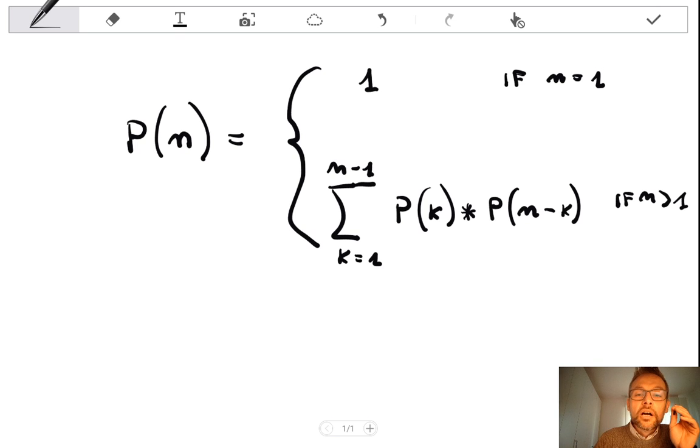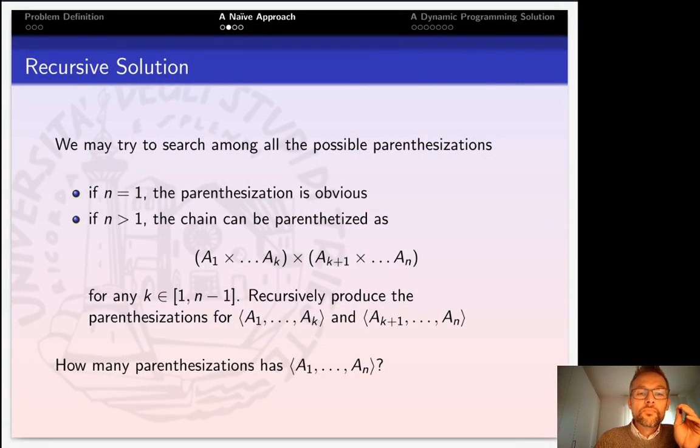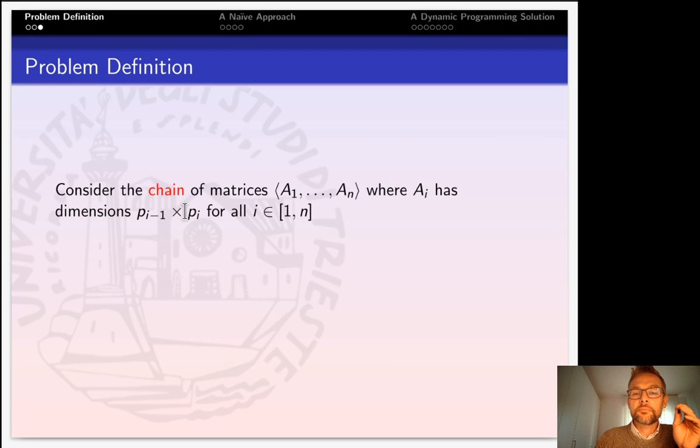Let me go back, I forgot to change the slides. So here we are. P is the number of parenthesizations, n is the size of the chain of matrices, and since we are saying here that A1 has number of rows p_{i-1} and number of columns p_i, A_i is compatible with A_{i+1}.